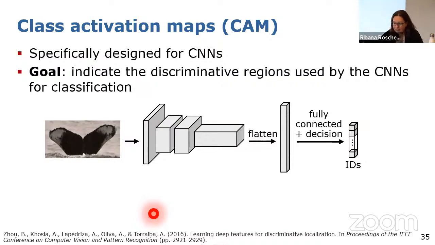So let's have a closer look at how it works. When we look at a simple convolutional neural network for detection, then we have convolutional blocks here. And the last convolutional layer, this one here, is flattened. As I said before, this is just by vectorizing it.